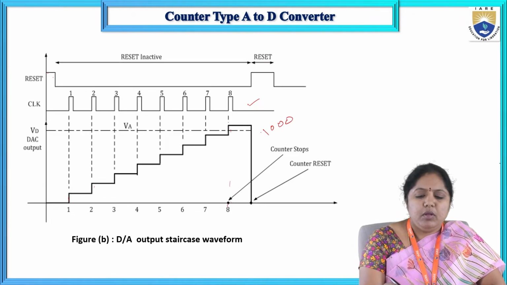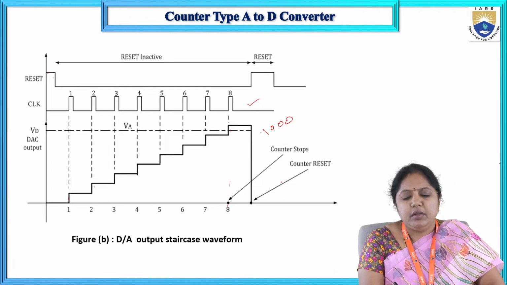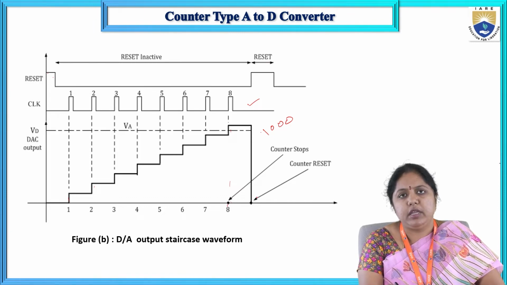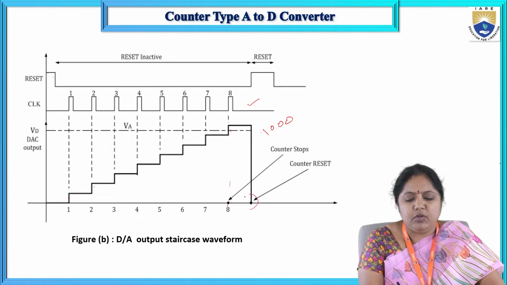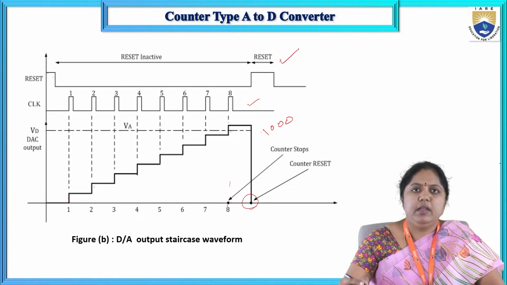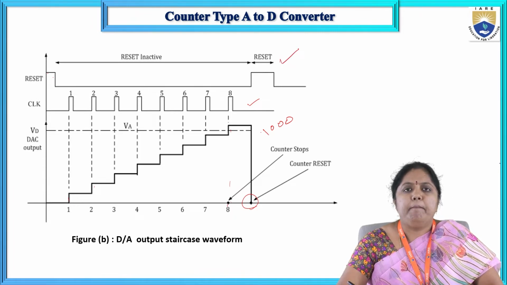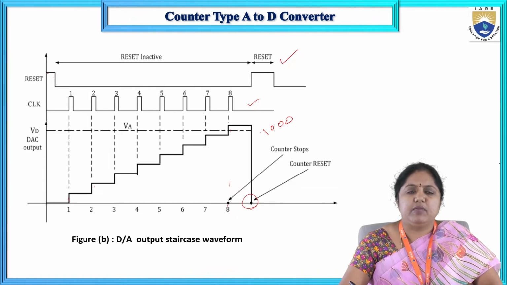After that, the counting stops, and after a certain duration, if you want to give an analog input signal again, I need to switch on the reset button for the binary counter.